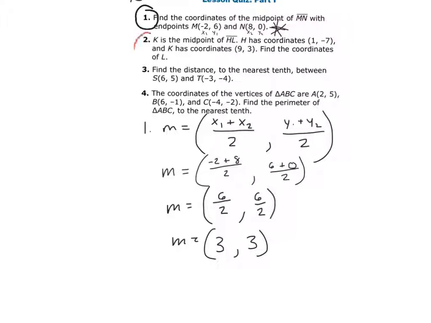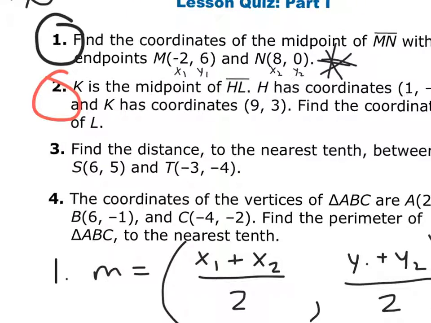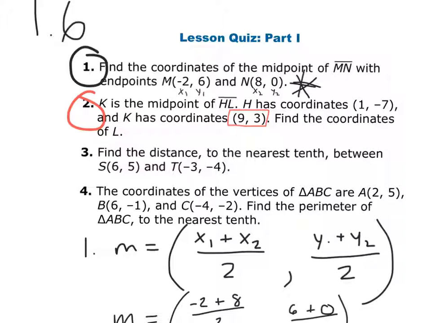Now let's look at number 2. K is the midpoint of HL. H has coordinates of (1, -7), and K has coordinates (9, 3). Find the coordinates of L. So this is the midpoint, and H is one of the endpoints.